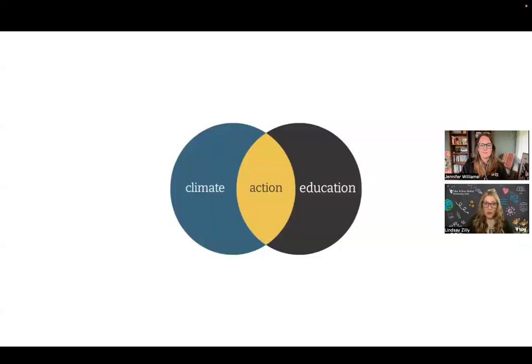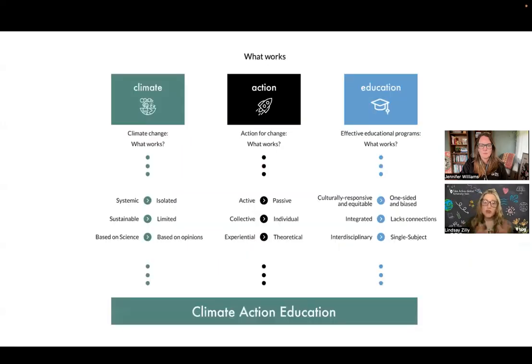In addition, when we think about climate action education, we like to break apart these three worlds into meaningful ways. What this looks like is if we were to look at climate by itself, we want to see what works and what doesn't work and shift our practices so that it makes sense. So in terms of teaching about climate, it has to be a systemic change as opposed to something that is isolated.